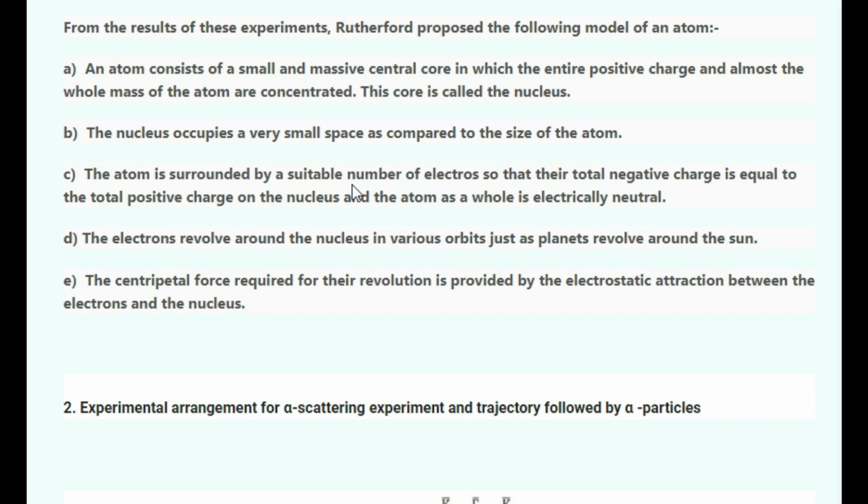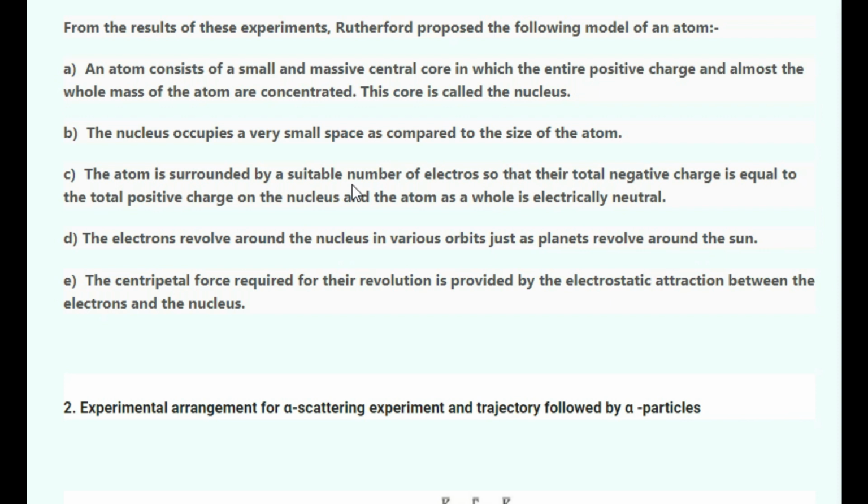Third point, the atom was surrounded by a suitable number of electrons so that the negative charge balanced the positive charge, so that the atom as a whole became electrically neutral. The fourth point was about the revolution of electrons around the nucleus in different orbits, at different distances from the nucleus, like the planets that move around the sun in our solar system. The fifth point was the centripetal force required for a revolution.